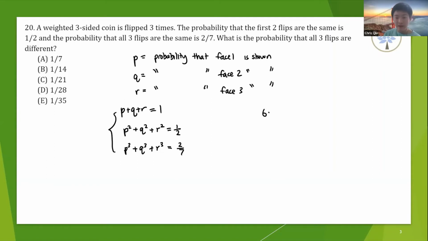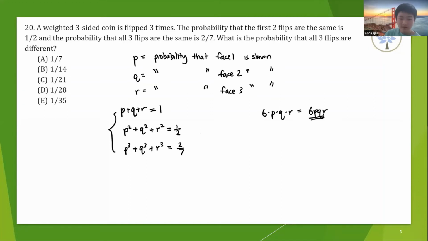And the probability that our first flip is, say, face 1 is going to be P. The second flip being face 2 is Q, and the third flip being face 3 is R. So the probability that all 3 flips are different is going to be 6 times PQR. So this is what we want to find.